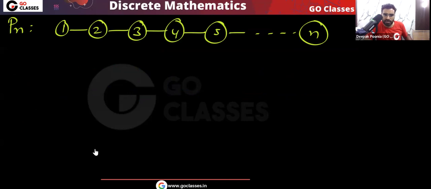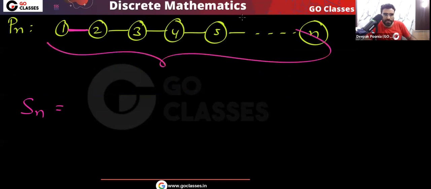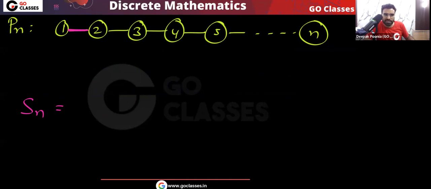This is the point. So to find Sn, remember, just focus on this edge because we are thinking recursively. Focus on this edge 1 2. What are the cases? In the maximal matching, this edge 1 2, you take it or you don't take it.